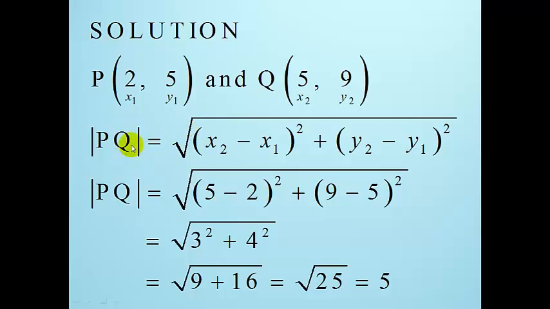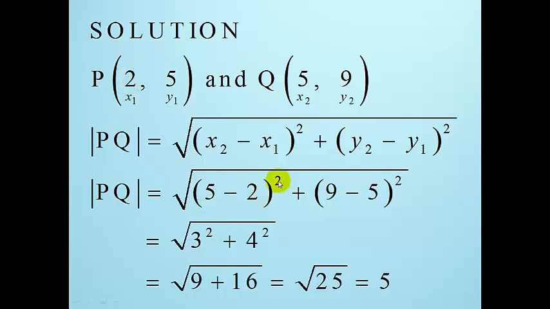Now the distance between P and Q is given by PQ equals the square root of (x2 minus x1) square plus (y2 minus y1) square. x2 is 5 and x1 is 2.